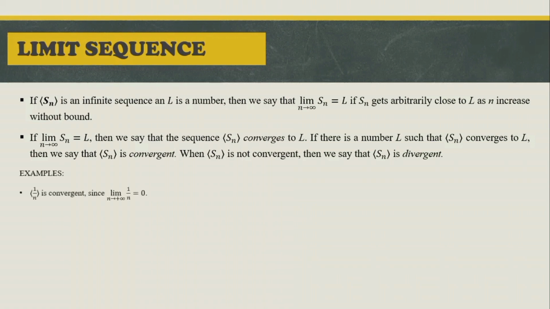Examples. The infinite sequence of 1 over n is convergent since the limit of 1 over n as n approaches positive infinity is 0.